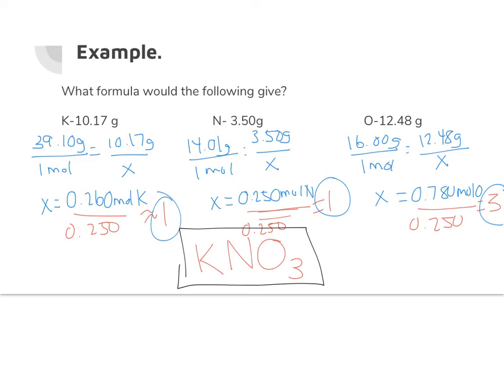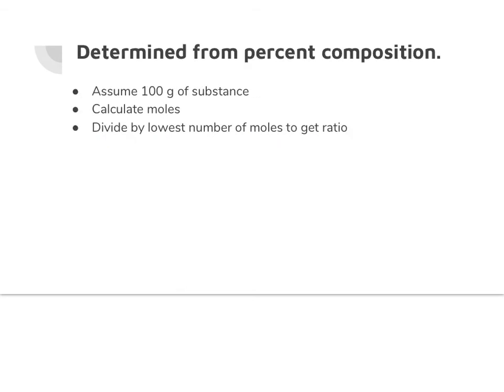When we write these empirical formulas, we write them like we normally would for any chemical formula. You're always going to write the elements in the order that I give them to you, and remember, we're not writing subscripts of 1, which is why we don't see a 1 next to the K or next to the N.